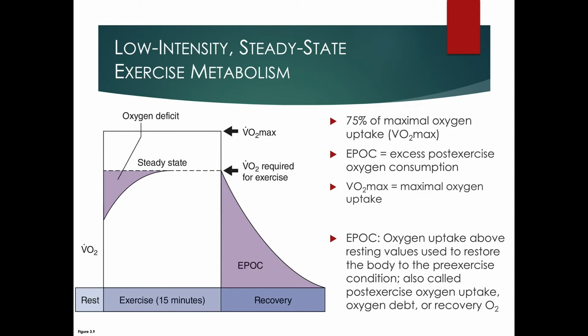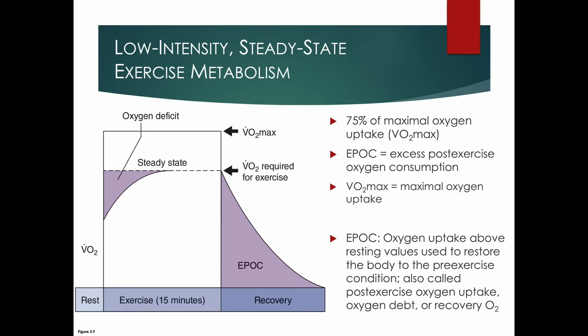That's the time where the glycolytic and your immediate phosphocreatine system is super ramped up, trying to match those O2 demands. Once the oxidative system takes over, you have a greater amount of O2 available than the required amount for exercise. That's referred to as steady state, when everything balances out.